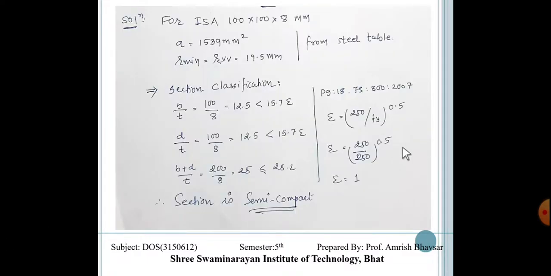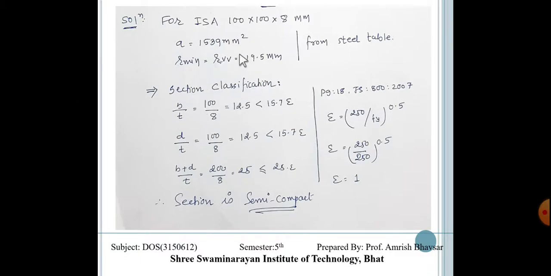In that case, for ISA 100 by 100 by 8 mm, the area given in the steel table is 1539 mm square, and the minimum radius of gyration. In the steel table we have 4 radii of gyration. From that we have to take the smaller radius of gyration.